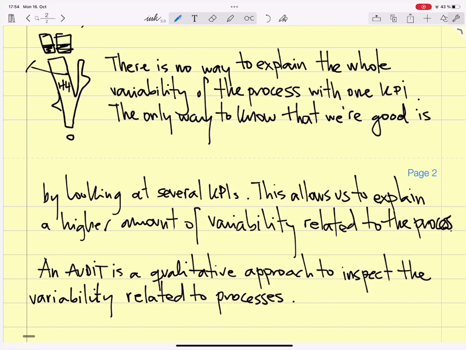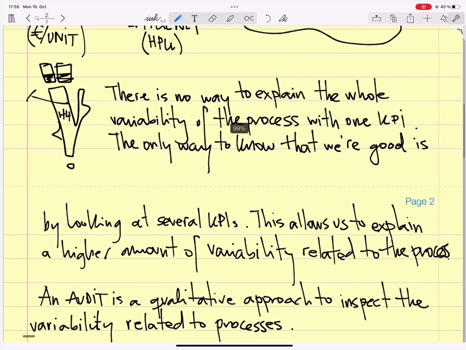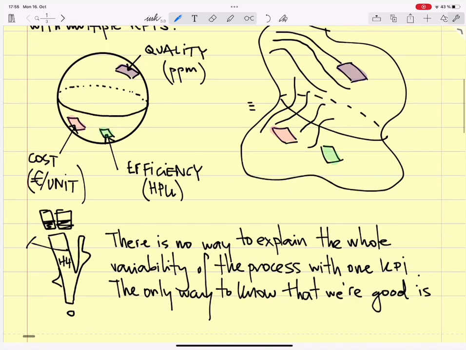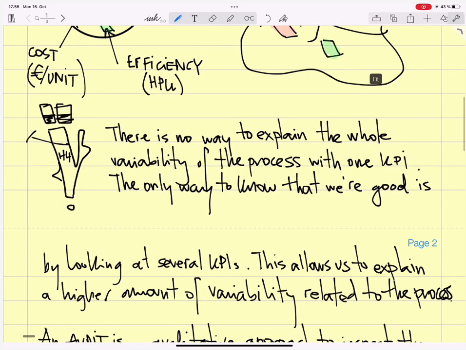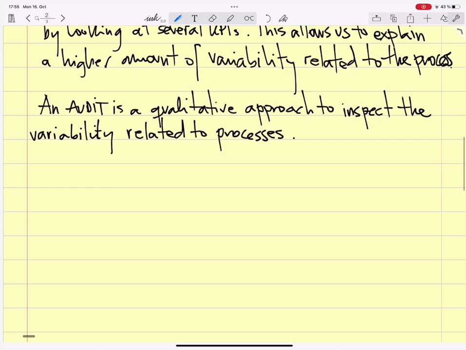And like with any KPI, you can think about an audit like a KPI, okay? But it's qualitative. So like any KPI, you only measure one part of the reality, only one way, right? You look at cost, or you look at quality, or you look at whatever. So when we are going to inspect one specific audit.